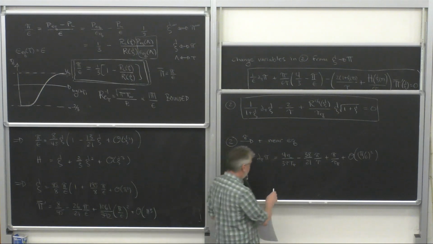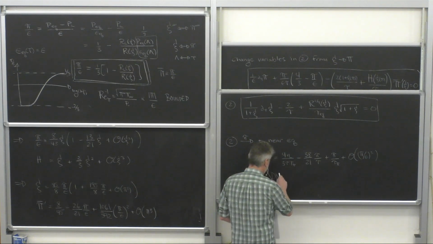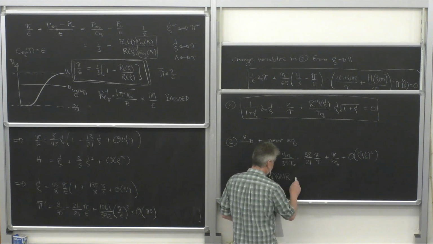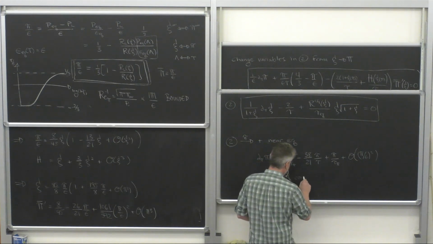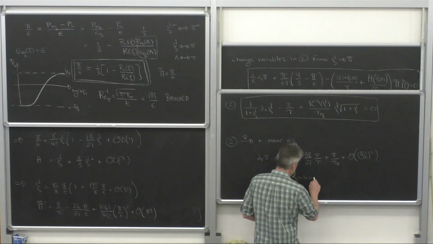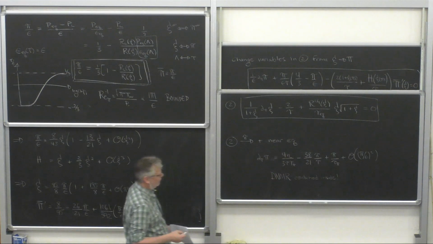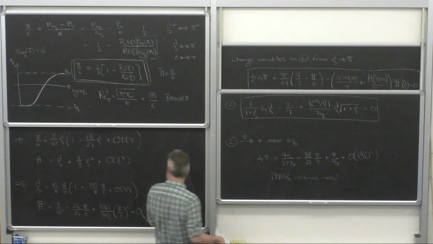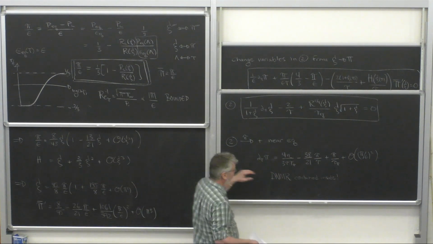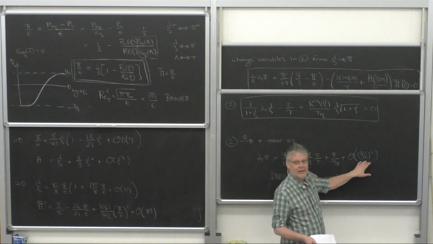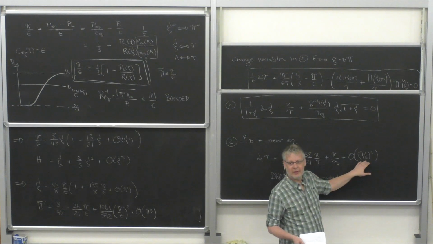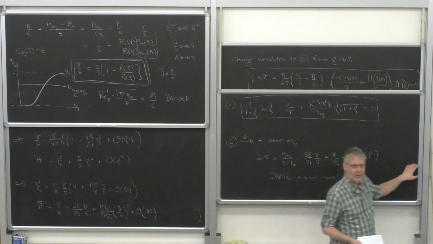So this automatically contains inside of it the DNMR result. In fact, if you wanted to work harder, you could extend all these expansions over here and get the pi squared term that's here. Work even harder, you can get the pi cubed term.